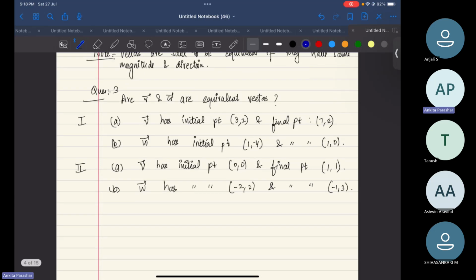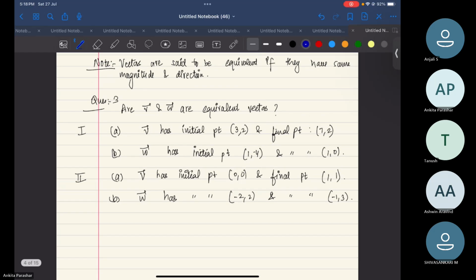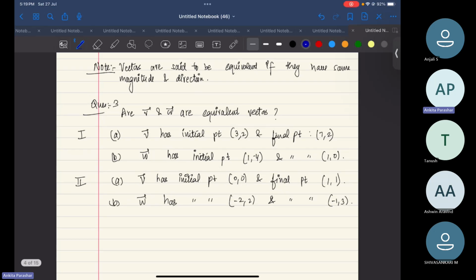Suppose a vector has initial point (3, 2). We are working in R2 only, and the final point is (7, 2). Another vector has initial point (1, -4) and final point (1, 0). You have to check whether these two vectors are equivalent or not.